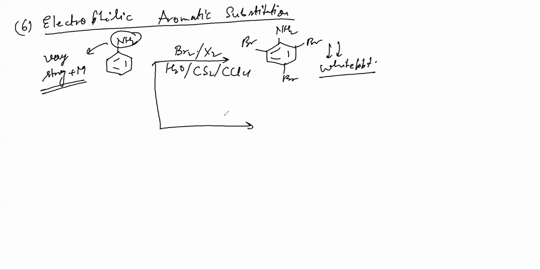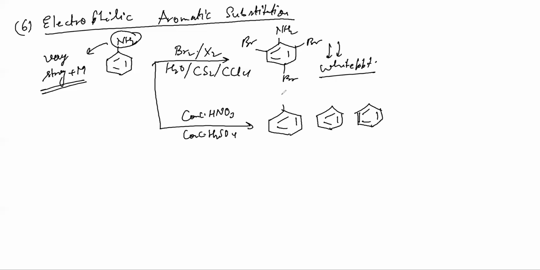Similarly, now this one is important. If you treat it with concentrated HNO3 and concentrated H2SO4, it is nitration. It is an important reaction. So you not only get ortho-para, you get some amount of this, some amount of this, and some amount of this also.